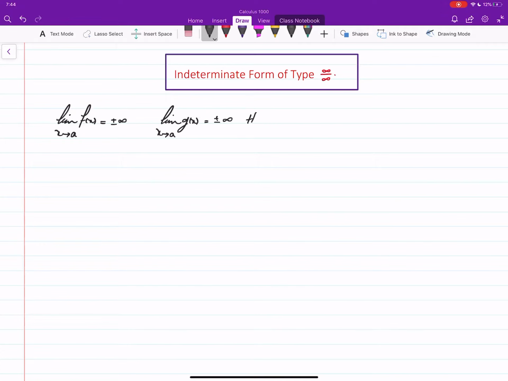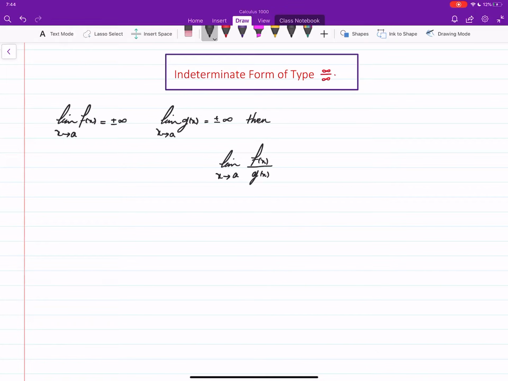Then the quotient f of x over g of x, when we find the limit of the quotient as x approaches a, then we get infinity over infinity, which is not a number, and actually it should be resolved.